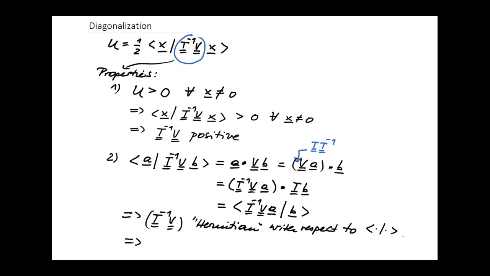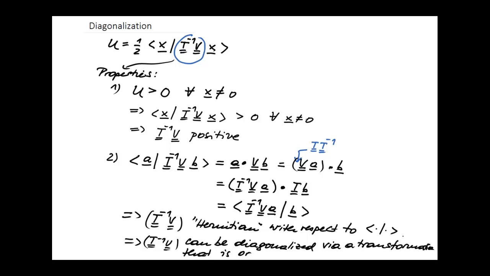So the fact that T minus 1 V is Hermitian with respect to the new scalar product implies that this matrix, T minus 1 V, can be diagonalized via some transformation that is orthogonal, again, with respect to this new scalar product.